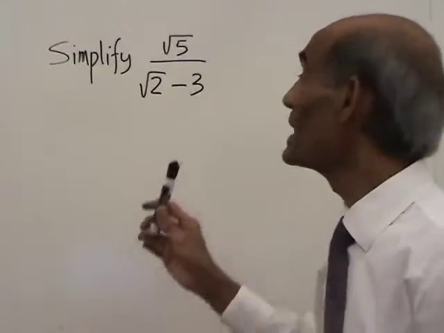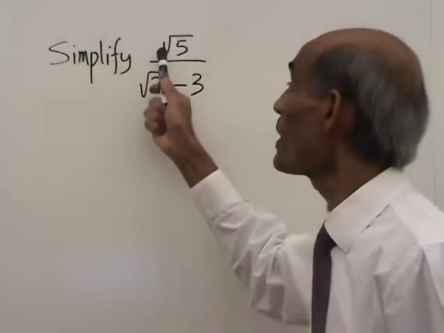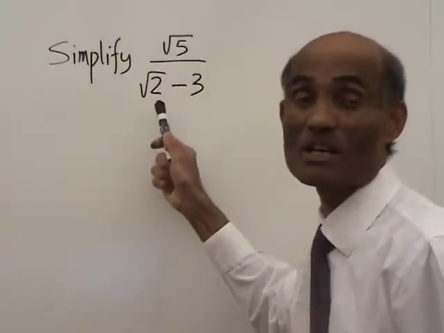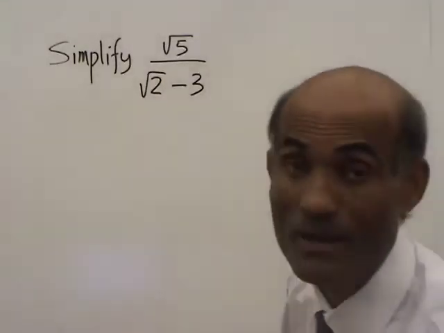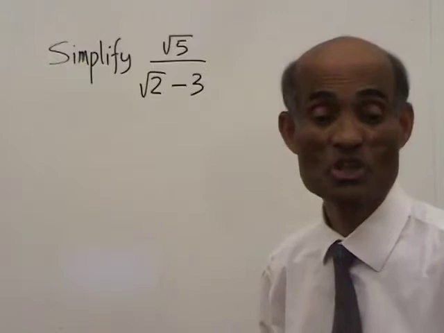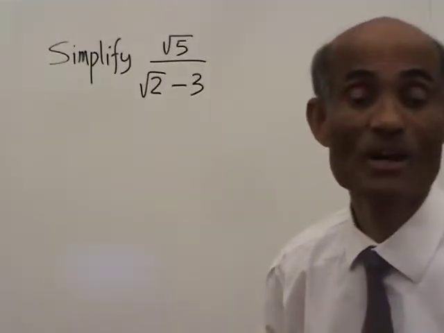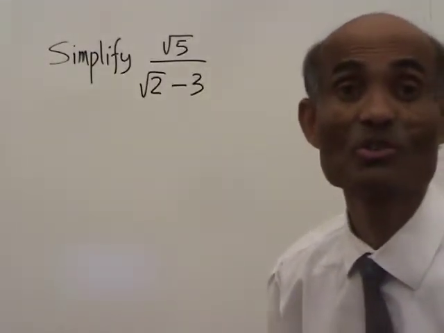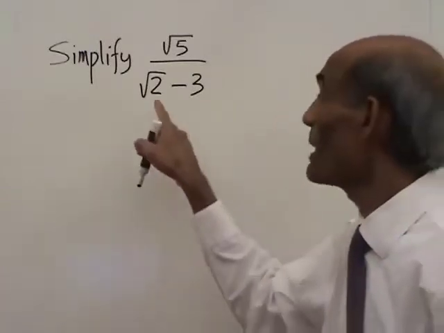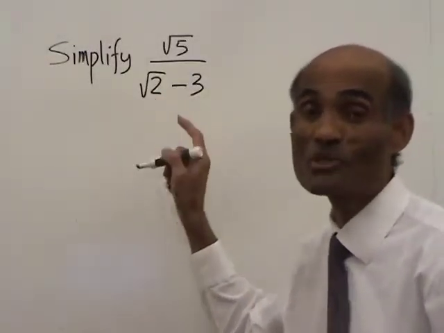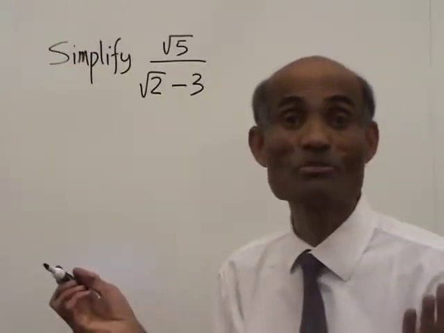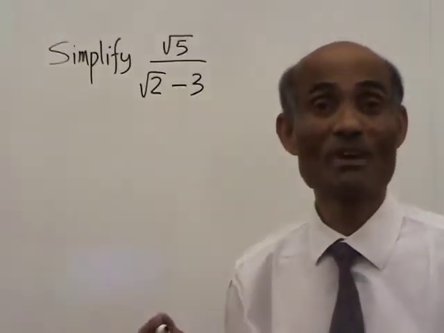The next question is simplify square root 5 divided by square root 2 minus 3. Well, how do you rationalize the denominator here? We cannot have the radical on the denominator, but because it is square root 2 minus 3, you cannot simply multiply it by square root 2. It will not remove the radical.